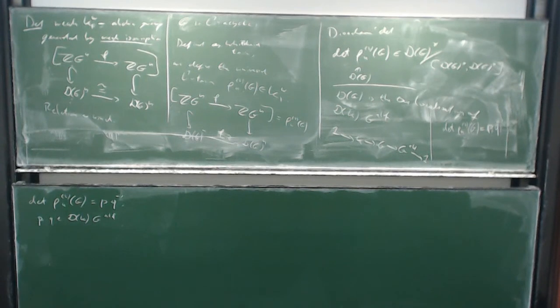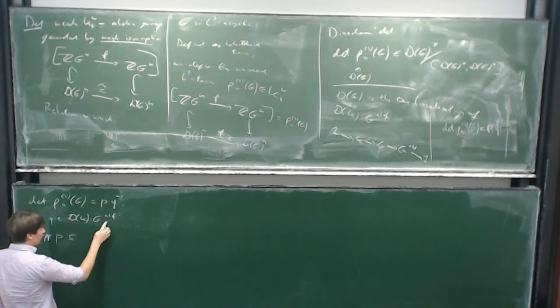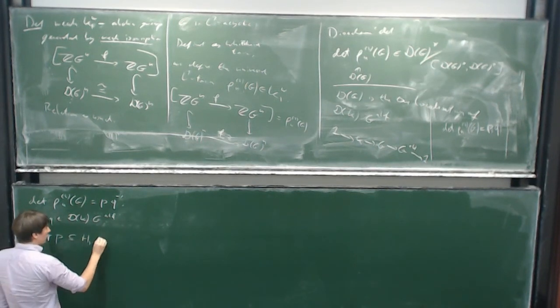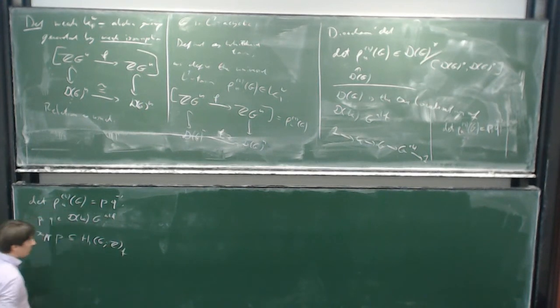Now if you have an element of a group ring and you don't understand the coefficients and you don't want to understand the coefficients, what you do is you take the support, okay? So we take P or Q and we look at the support. Now the support is just a subset of the free part of the homology, right? I just rewrote what G up F is in terms of homology.